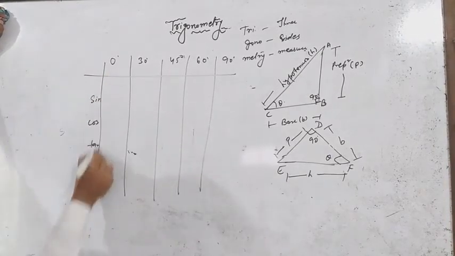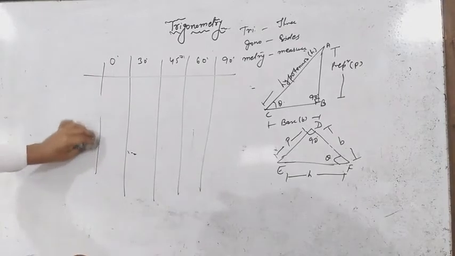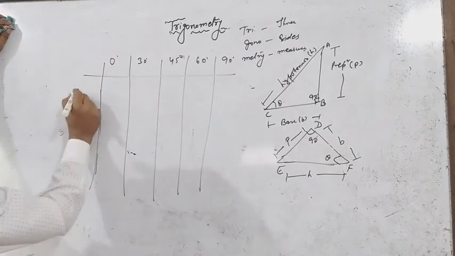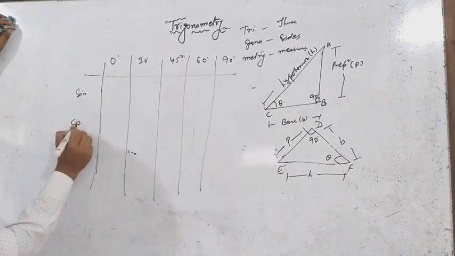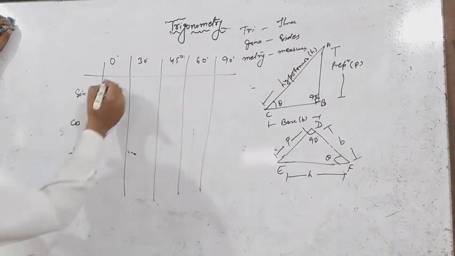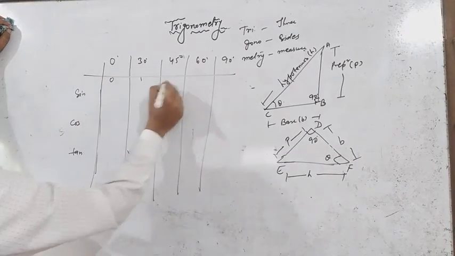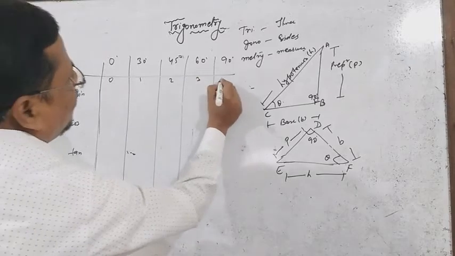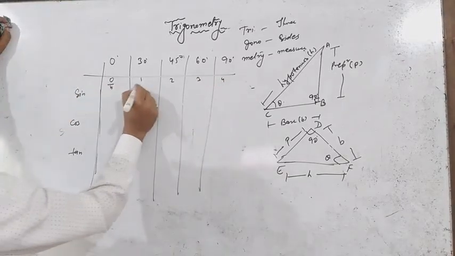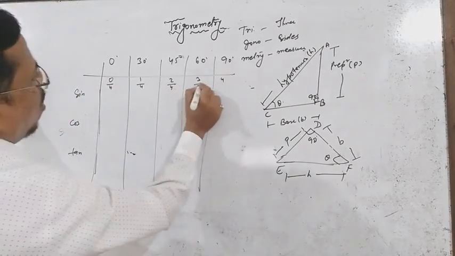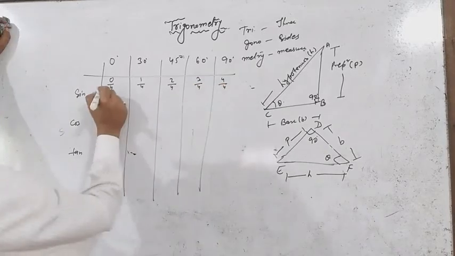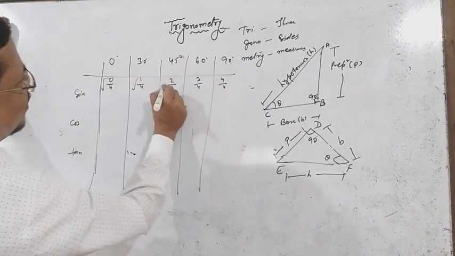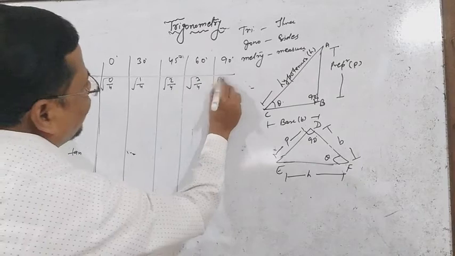For example, one minute, sorry. Then sin, cos and tan: that means 0, 1, 2, 3, 4, divide by 4, and the same numbers divided by 4, then the root of these numbers, and so on.